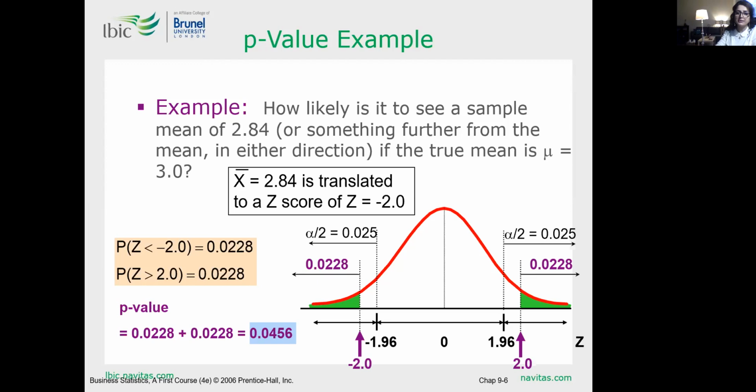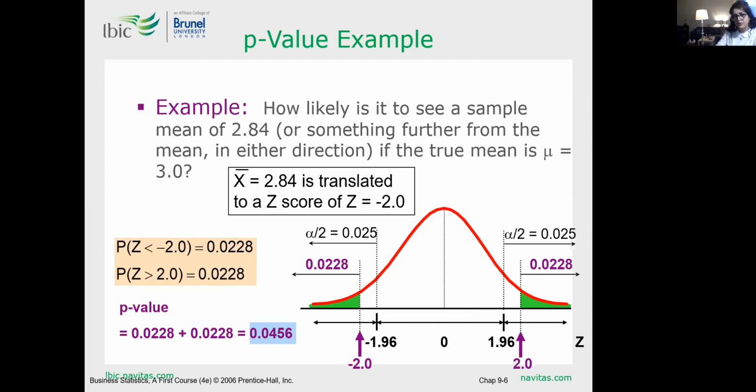As you can see, we have a two-tailed test. We have half of alpha here and half here, where alpha is all of this area, and we call this the critical value.